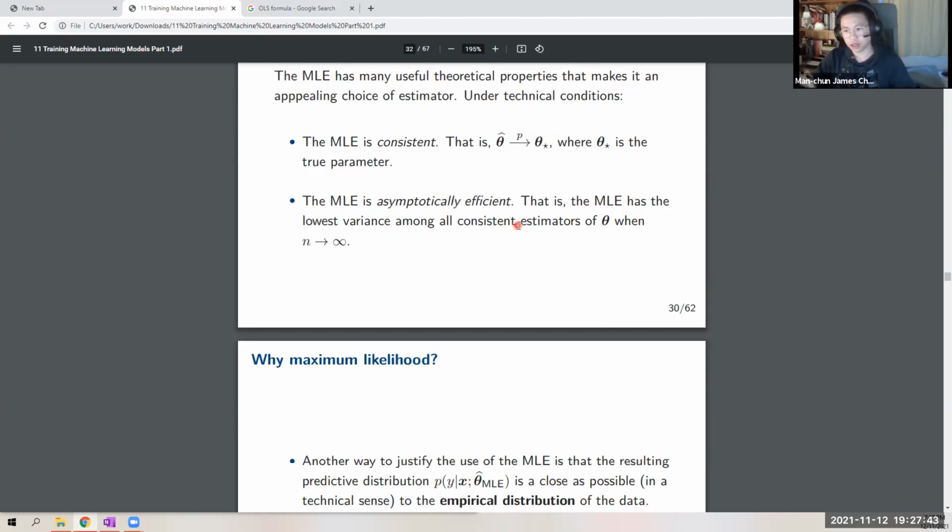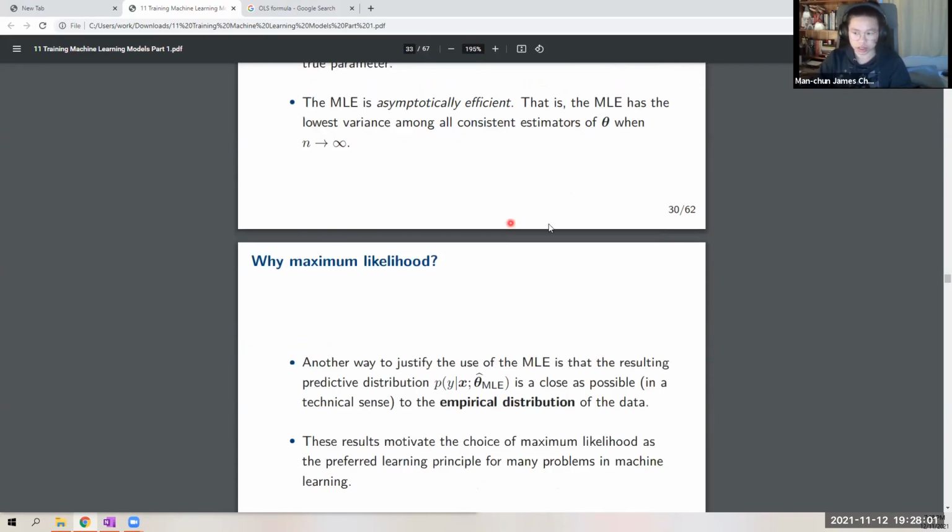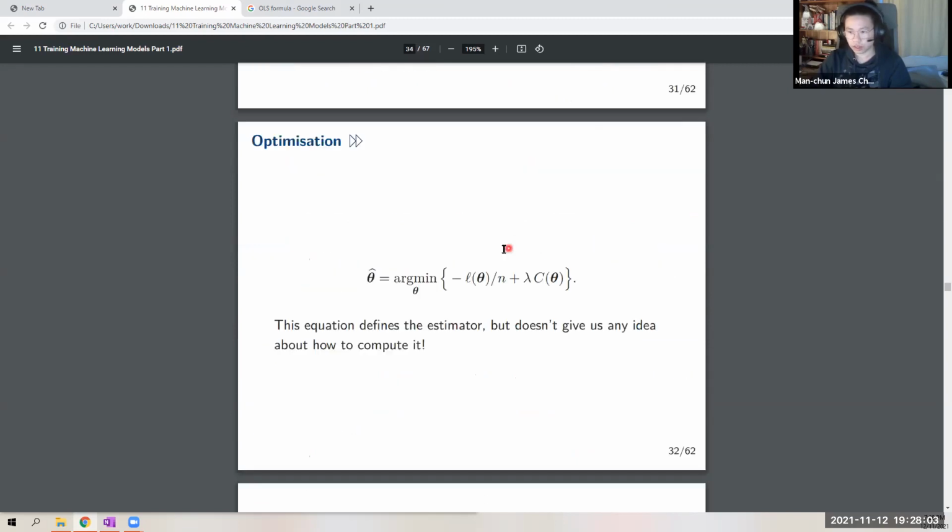So that's a little bit tricky here: it has the lowest variance, but only amongst consistent estimators. Typically regularized models will tend to have lower variance, so ridge regression has lower variance than normal regression does, but it's not consistent. That's the key.